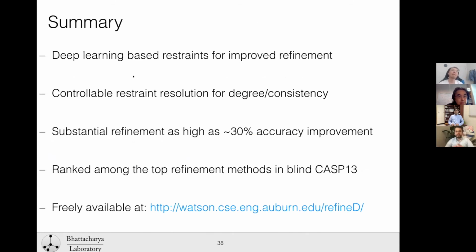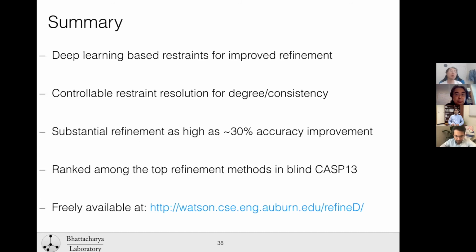In the refined method, we introduced deep learning-based restraints for improved refinement. And we figured out that restraint resolution can be controlled for achieving degree or consistency on demand. If we care about degree, then we can get substantial refinement, as high as 30% accuracy improvement.